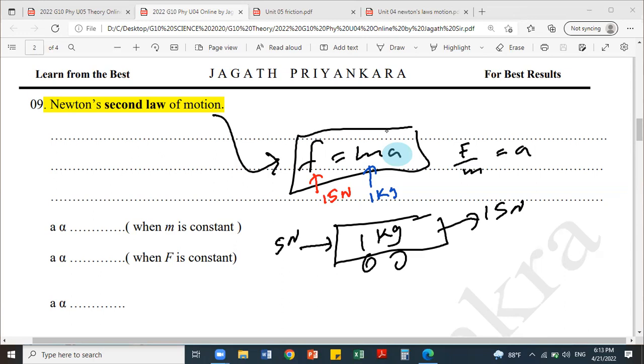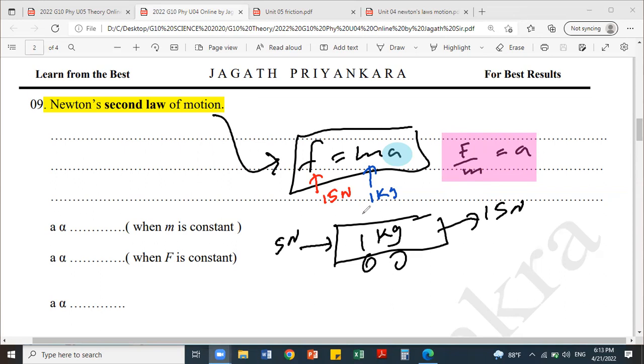F is 15 Newton and m is 1 kilogram, so 15 meters per second squared.